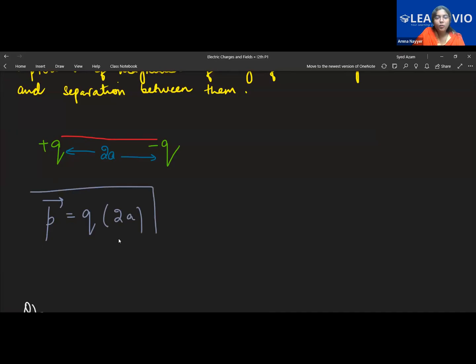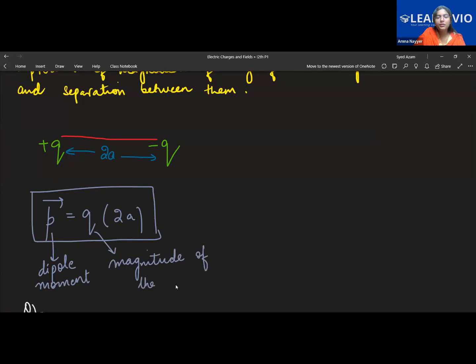Let me tell you again: P is the dipole moment, Q is the magnitude of the charge, and 2a is not doubling the distance. You just need to check the separation between the charges. Whatever is given, that will be your 2a.